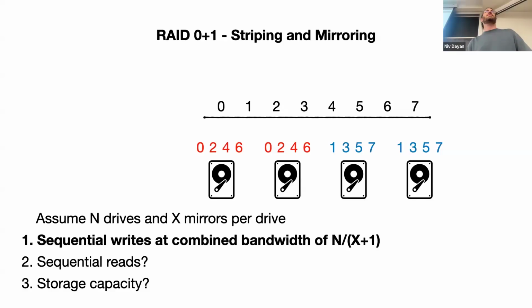How about sequential reads? A little faster. We can parallelize, there's a little bit of parallelism before. Can you be more precise about the kind of throughput that we can get with respect to the number of drives? 2 times? 2 times what?